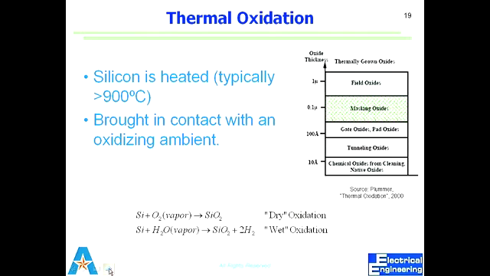So, if I have gate oxide, I need it very thin, I need it high quality. So what kind of oxide do we grow? If it's a thin gate, what kind of oxide would we grow? Right, dry oxide.